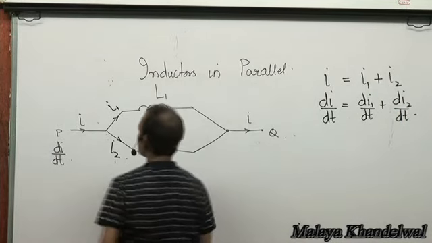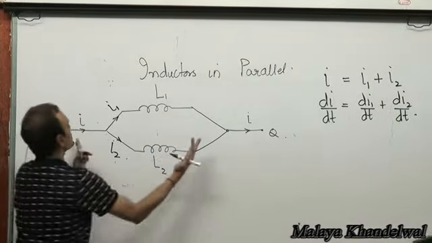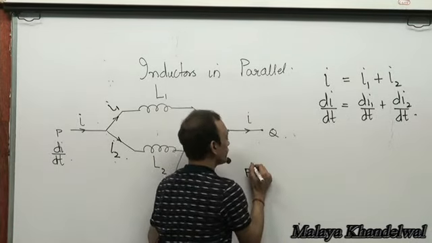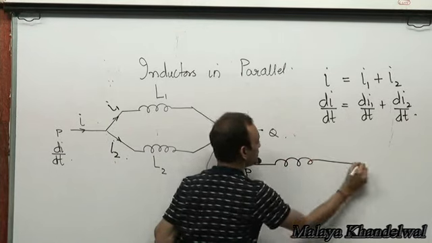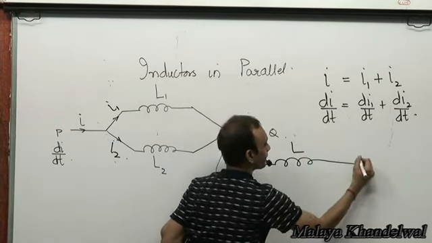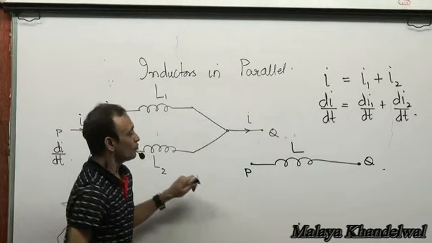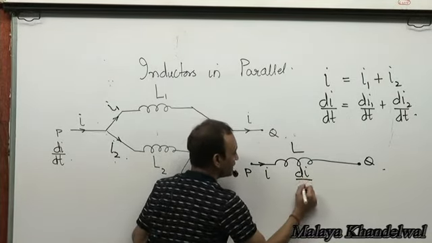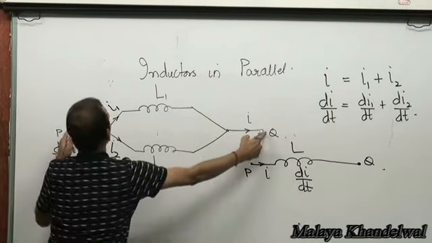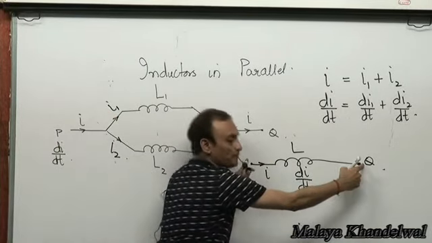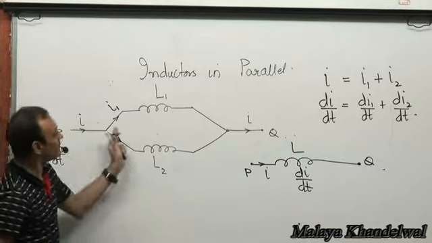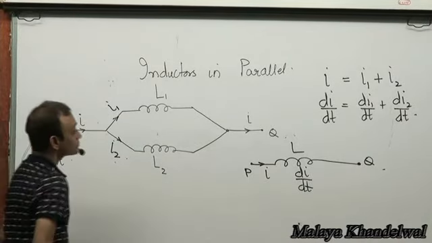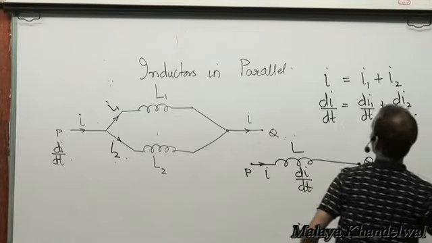Yes or no? This entire arrangement between P and Q, I want to replace by a single equivalent inductor L, such that for the same current I and for the same di/dt, the drop from P to Q here is the same as the drop from P to Q there. That's when these two arrangements are referred to as equivalent. Now, easy to see.